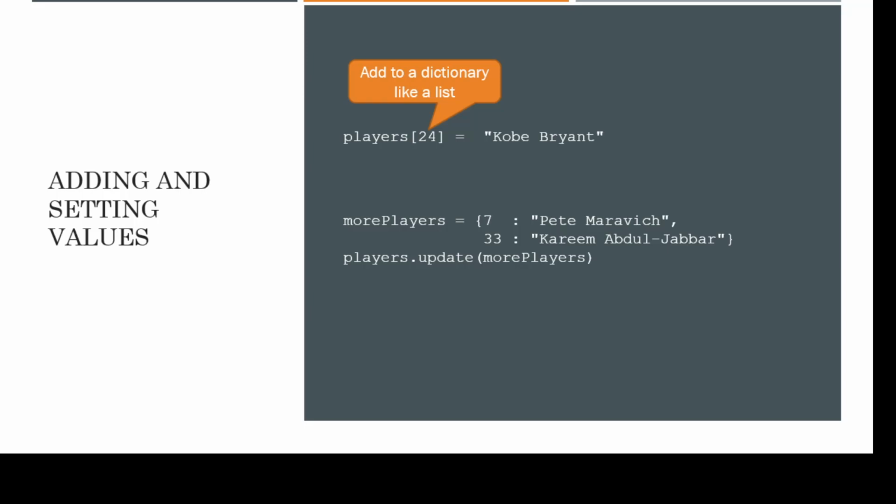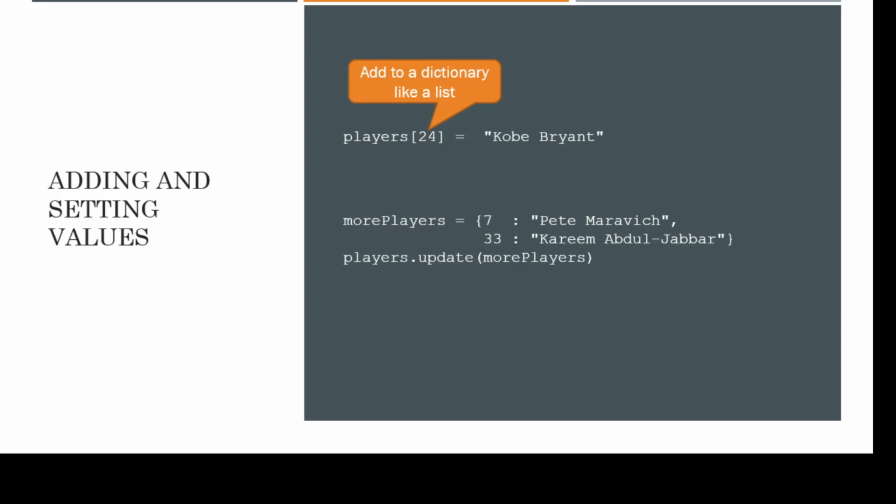I can do more than one at a time by merging dictionaries, if you will, with the update command. In this case, I say number 7, Pete Maravich, and number 33, Kareem Abdul-Jabbar, update, and whatever was in the dictionary players stays there, and then it adds more players to that dictionary.